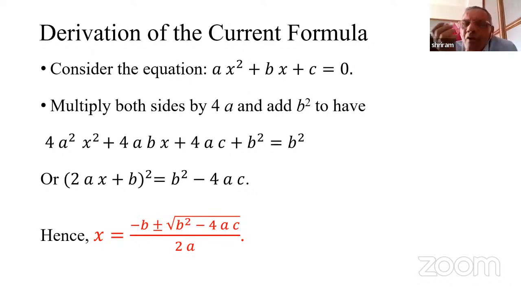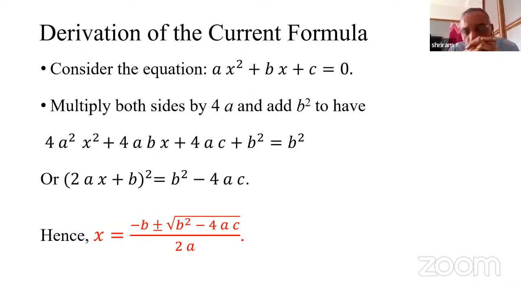And now just go home, or you might be remembering what we used to do to derive this result: we divide by a first, and then add b square upon 4a square, and so on. But that method, which we apply in the syllabus or in school, naturally generates fractions.